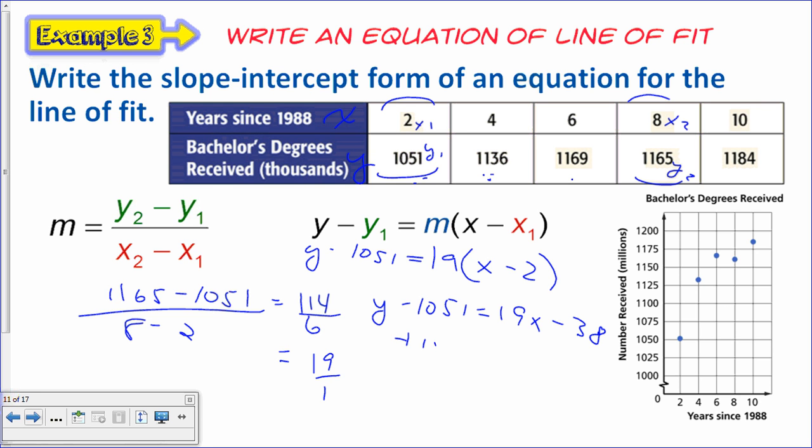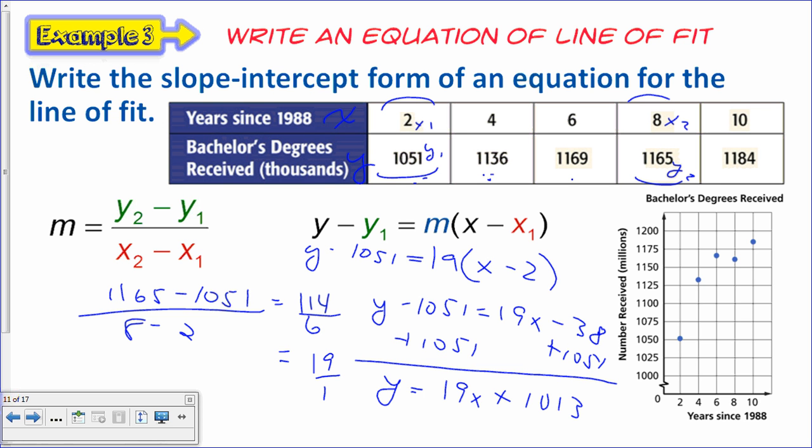Okay, then add that. 19x plus what? Opposite signs, right? Yeah. 1013.